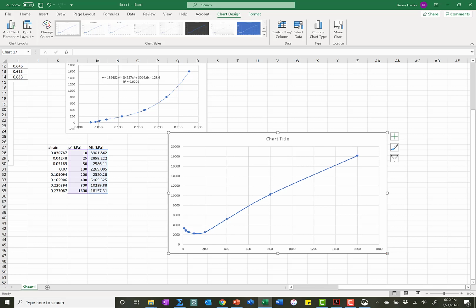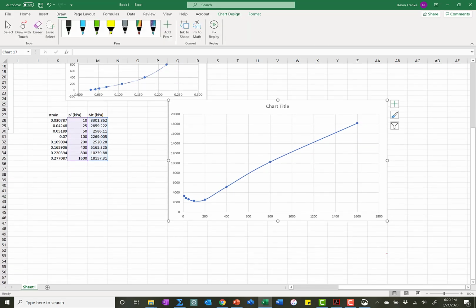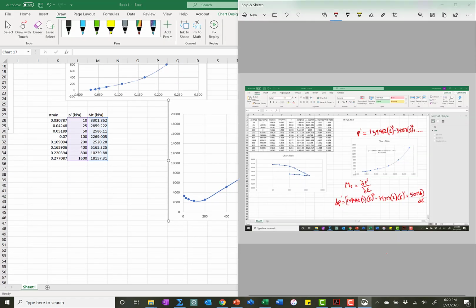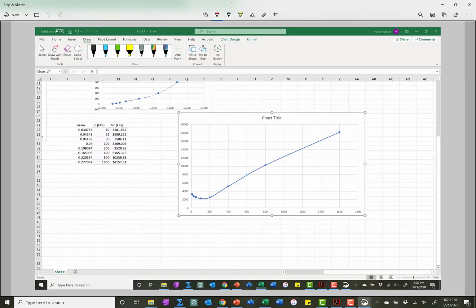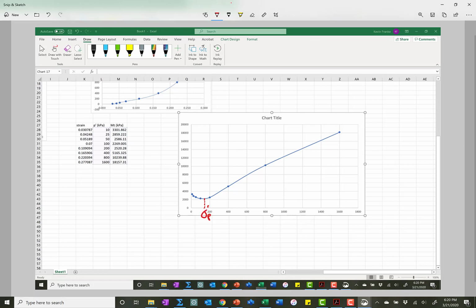There it is, folks. Let me screenshot this. You see how that curve bottoms out right there? Where that curve bottoms out, that is my pre-consolidation stress. So for this particular plot, it looks like it's about equal to 100, and let's see if that's 100.